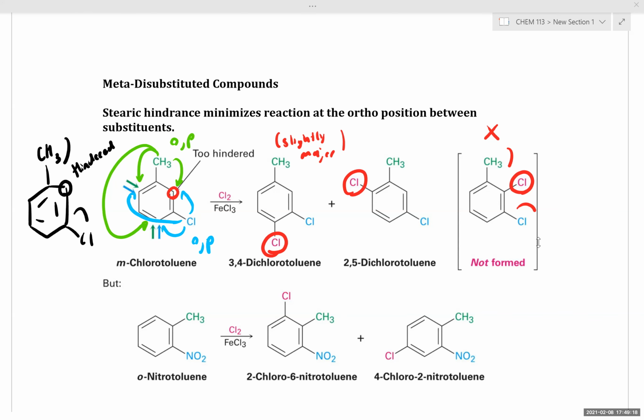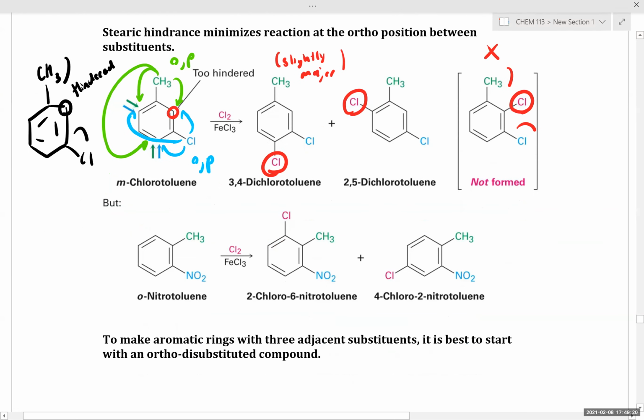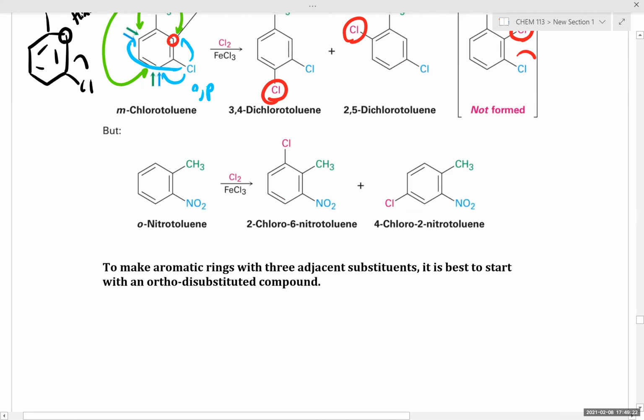So continuing on from there, when we talk a little bit about ways to get around this, an easier workaround is to start with the 1,2 disubstituted product, or the ortho disubstituted product.